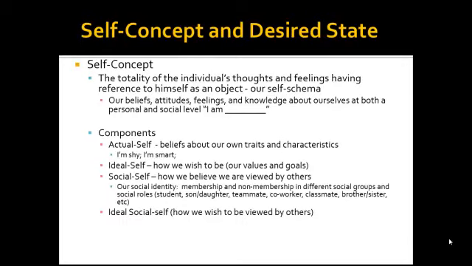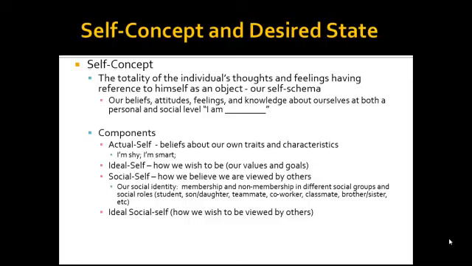Normally we can think of four components. The actual self is what we think of who we are. Usually it's about our personality and traits. Our ideal self, who we wish we were, which includes our values and goals. Our social self, how we're viewed by others. And an important idea, if you watch the Khan video that's also online, is our social identity, our membership in different types of social groups and the different roles we play.